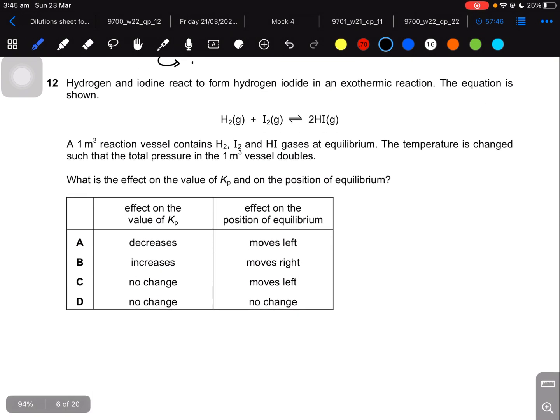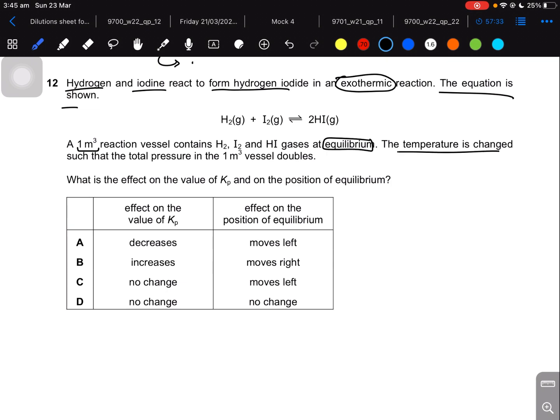Okay, easy question. Hydrogen and iodine react to form hydrogen iodide in an exothermic reaction. The equation is shown. A 1 cubic metre reaction vessel contains H2, I2 and HI gases at equilibrium. The temperature is changed such that the total pressure doubles. Okay.